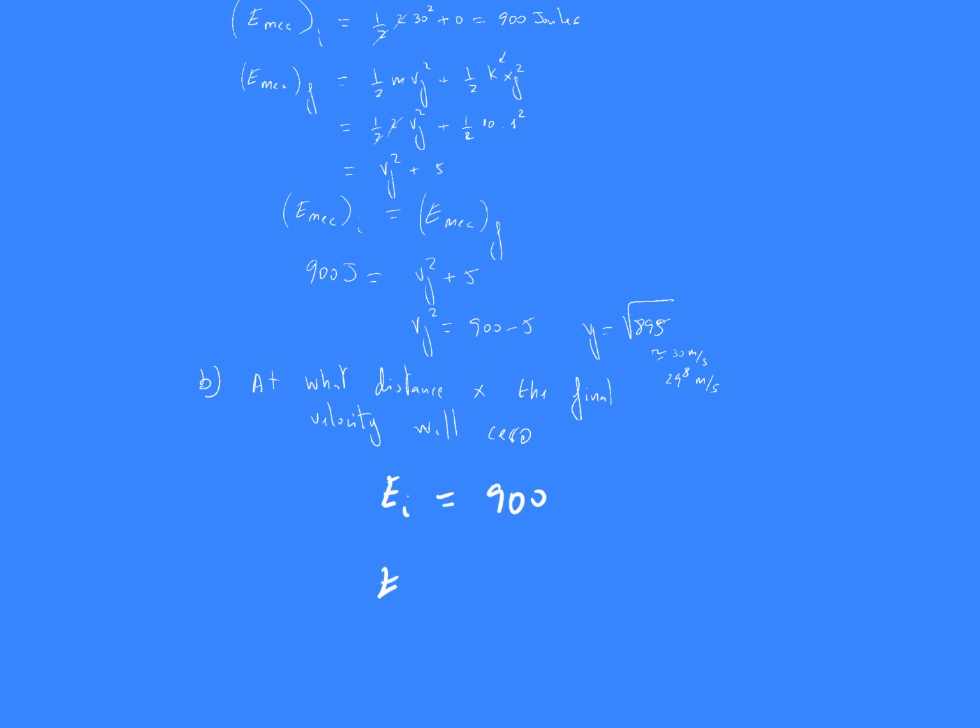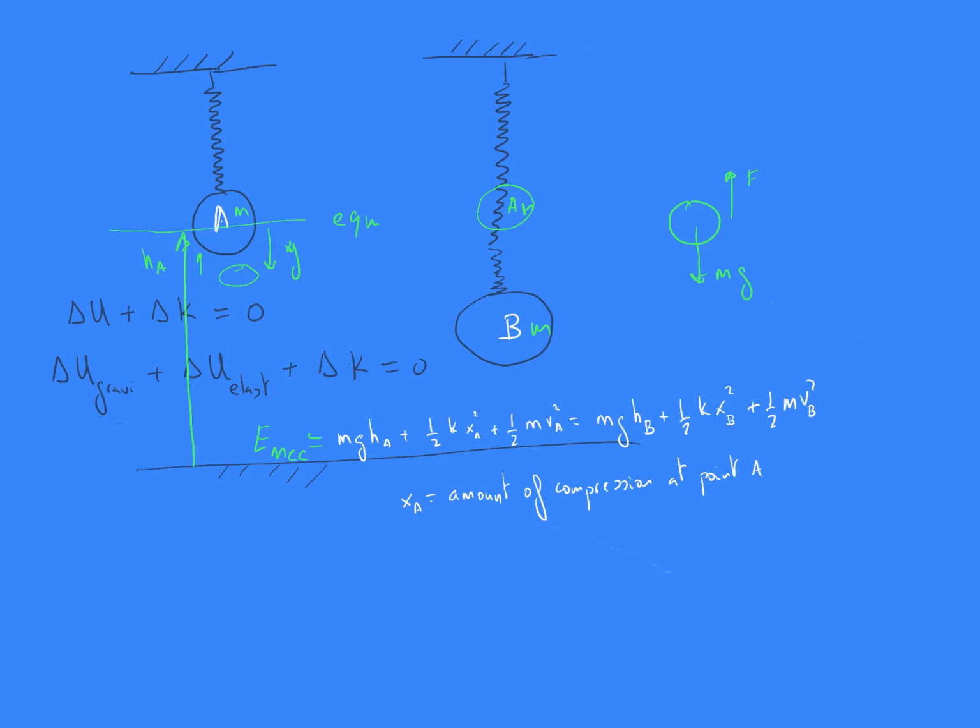So this is E mechanical, and E mechanical has to be conserved. There is an interchange between the two potential energies. This potential energy increases when the object goes from A to B, while this one decreases because the height is decreasing. The height Hb will be this amount.